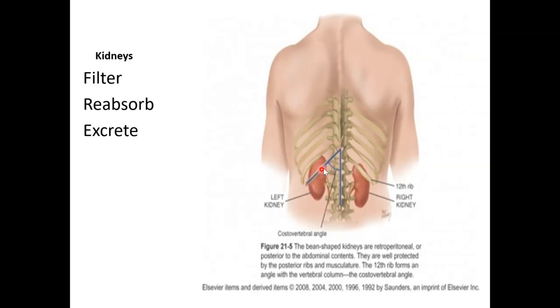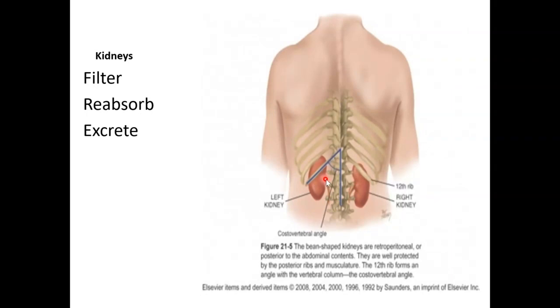This blue line right here, look, this angle is called the costovertebral angle. We can palpate the kidneys in this space, in this angle underneath the ribs, the 12th rib right here.